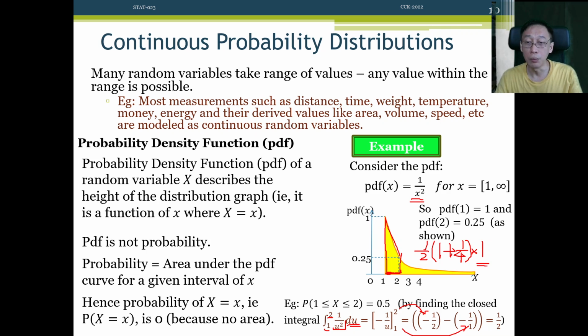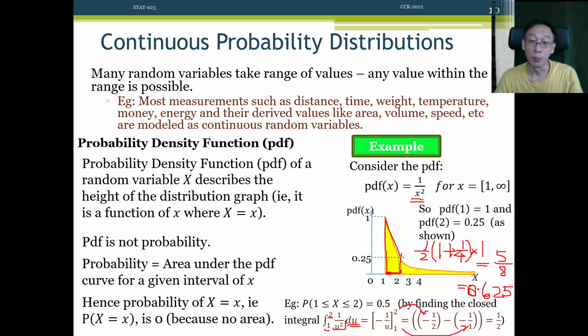So we will have basically 5 over 4 and 5 over 8. That's going to be basically 0.5 plus 0.125, so that's 0.625.